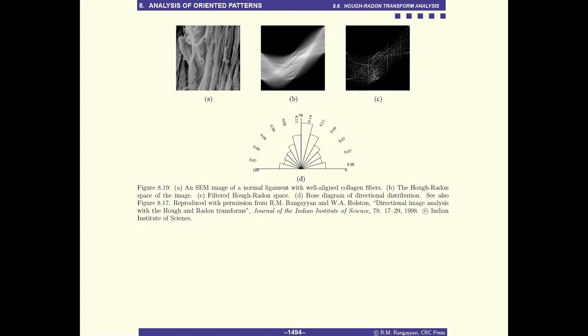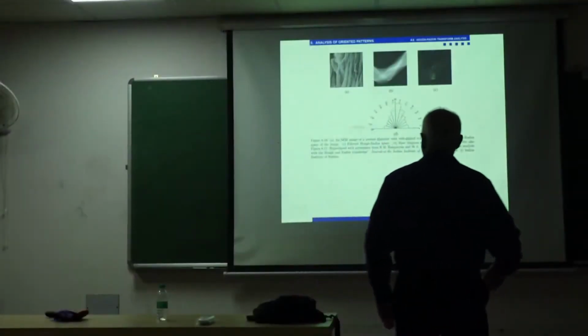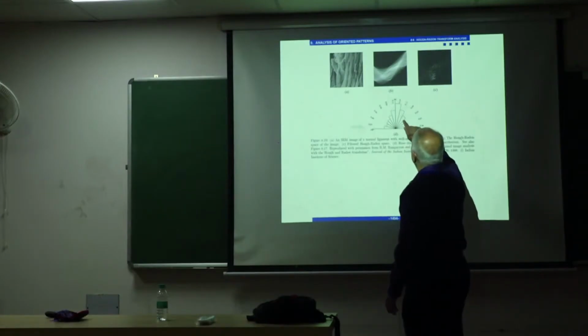Angular bands can be specified. For the Rose diagram, there we bin it. The Rose diagram is obtained by binning, by including all components in that angle sector. I don't know how many we have here: 1, 2, 3, 4, 5, 6.